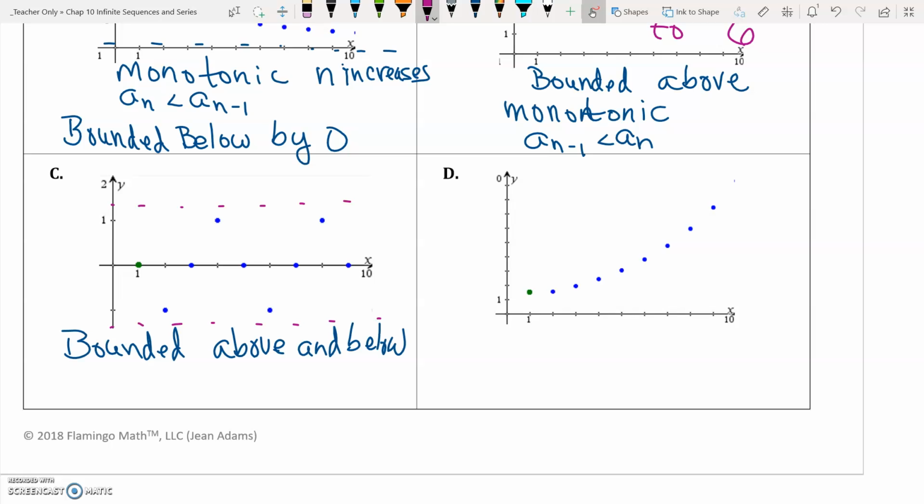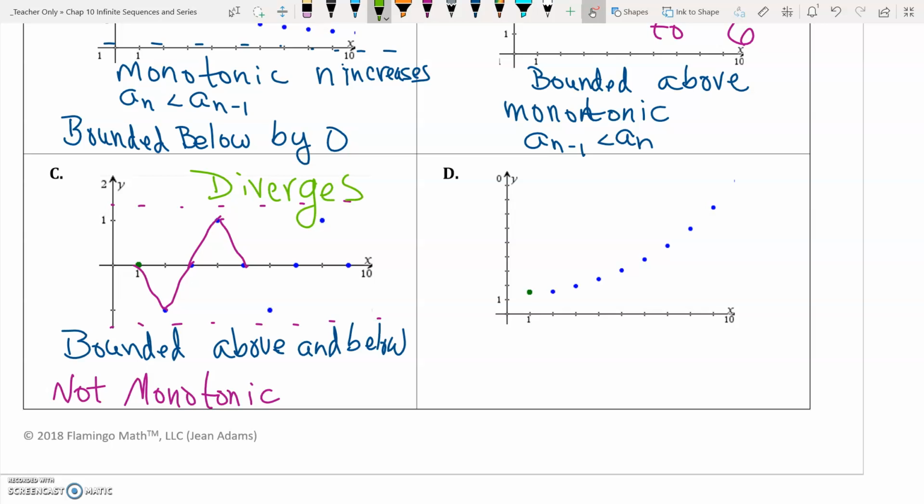But it is oscillating because it is not monotonic. The values do not follow that pattern. Here it starts out that they're getting smaller, but then a_3 is bigger than a_2 after we were decreasing. So we keep increasing at a_4, but then we start going down again. So this is not monotonic. So this sequence diverges.